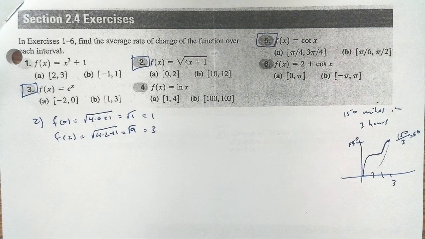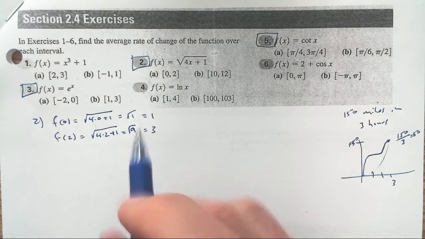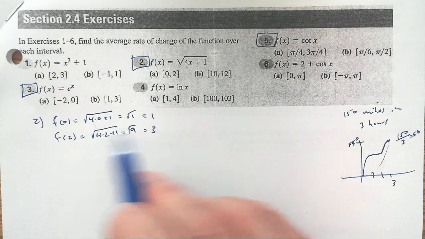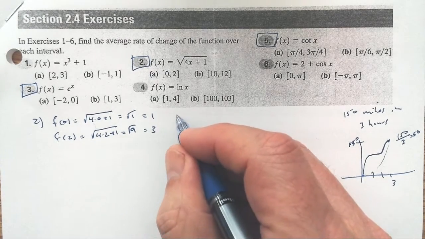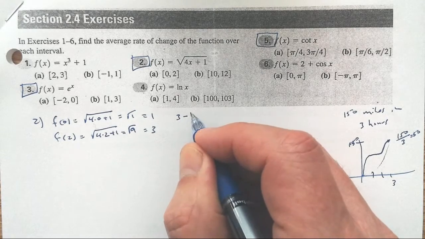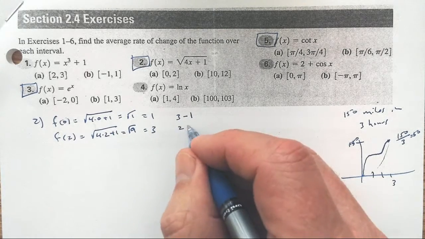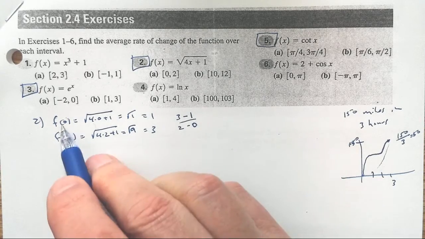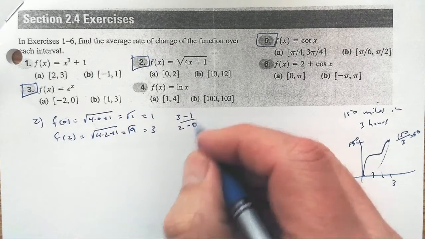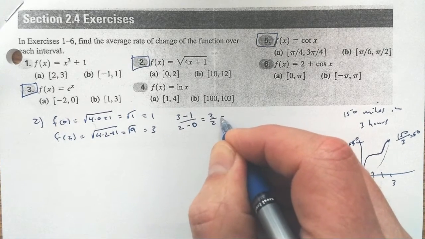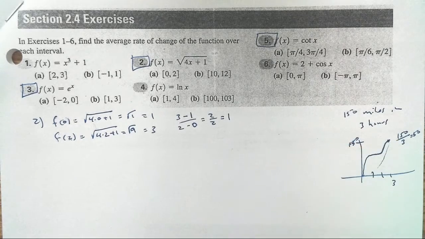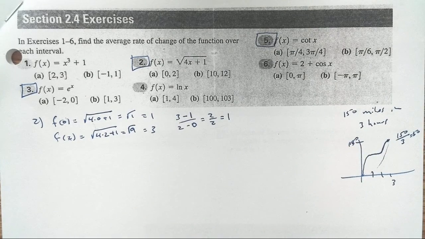So how far did we move from time 0 to time 2? Our change of y is 3 minus 1, and our change of x is 2 minus 0. So we end up with 2 on 2, or 1. The average rate of change is just 1.